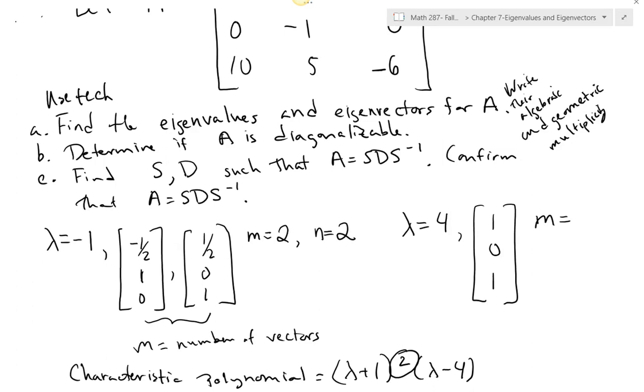So basically the maximum number of vectors that we can have associated with an eigenvalue is the power of the characteristic polynomial, okay? So in this case, since lambda equals 4 has 1, we got 1 here. And lambda plus 1 squared, that would actually give me 2 in terms of my n.